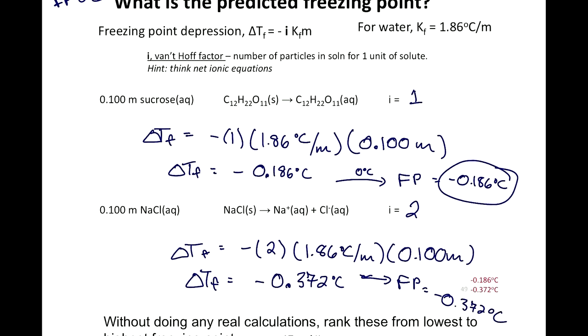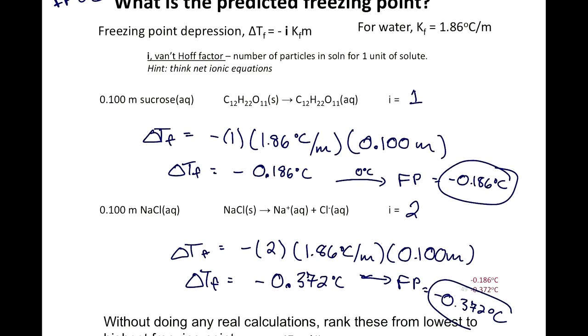So it's always freezing point depression. Don't let the negative sign confuse you here. It's always freezing point depression. So if you know what your pure solvent's freezing point is, you're always going to subtract this number to get a lower freezing point of your mixture.